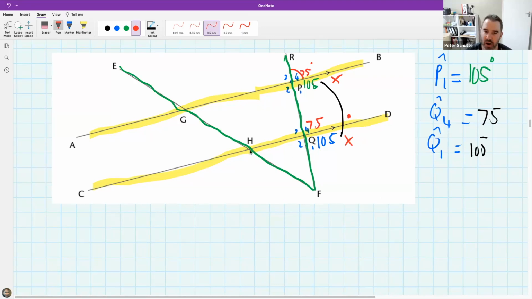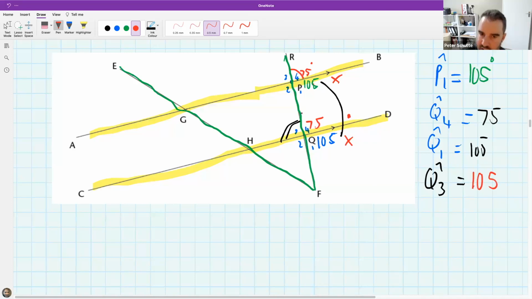Let me add one more. What is Q3 going to be equal to? What is the angle Q3 going to be equal to? That's this one over here. So it is indeed going to be 105 degrees.